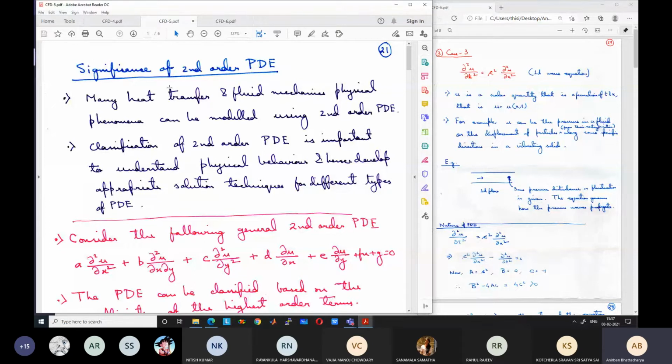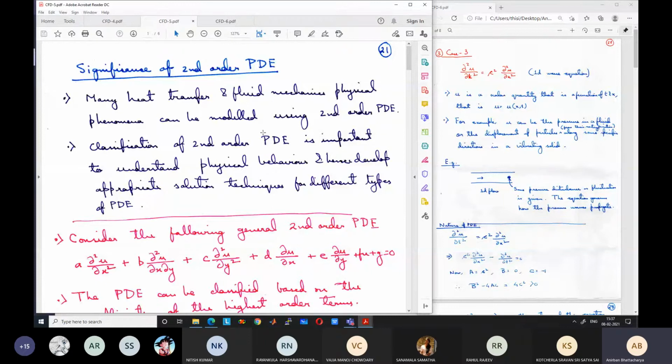Many phenomena such as heat transfer, fluid flow, turbulence, and wave propagation can be represented accurately by second order partial differential equations. As a result, it is very important to know the nature of different types of second order PDs so that we can devise appropriate solution algorithms in CFD for solving different types of problems. That was our goal.